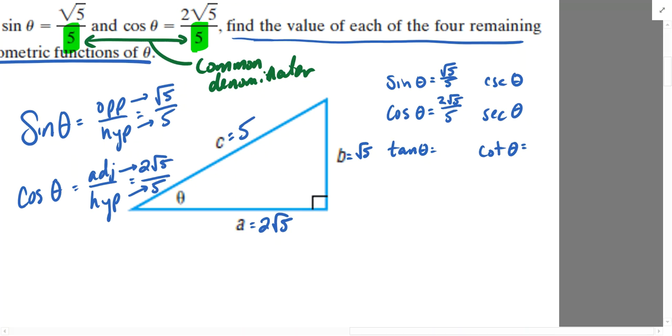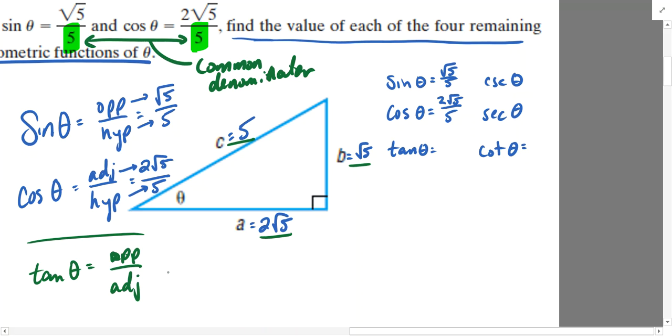Now that we have all three side lengths of this triangle, we can actually answer the trigonometric ratios for each. So recall that tangent of theta is equal to the opposite side length divided by adjacent side length. In this case, the side opposite of theta is radical 5.